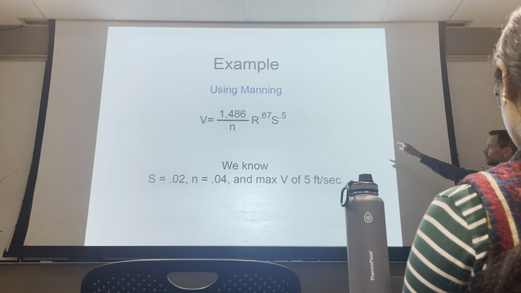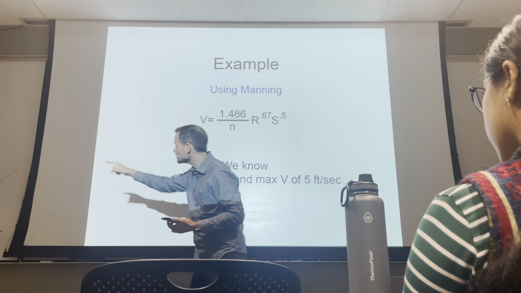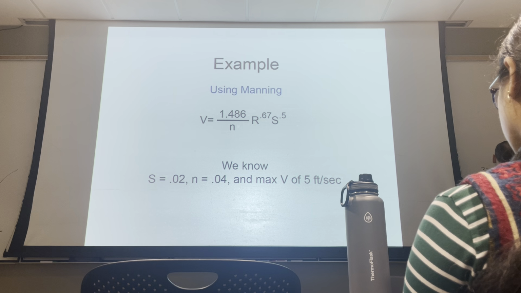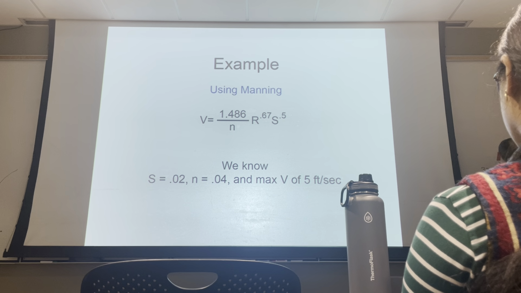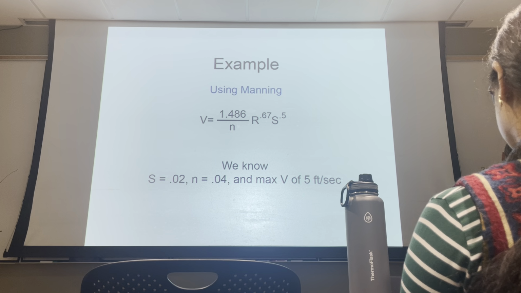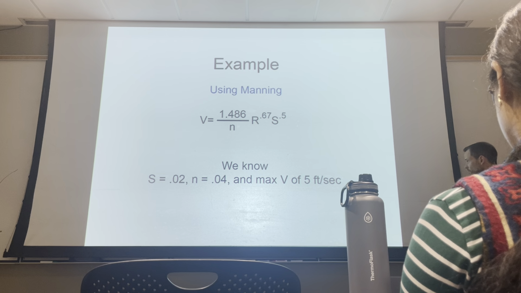Times our hydraulic radius we just found, 0.78, to the 0.67 power, times my slope, which is 2%, 0.02 to the 0.5 power.